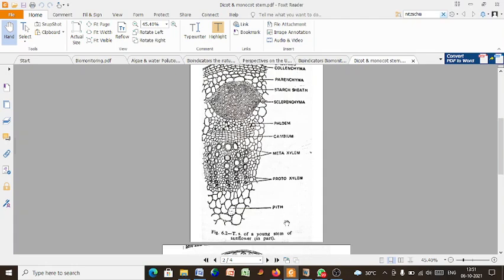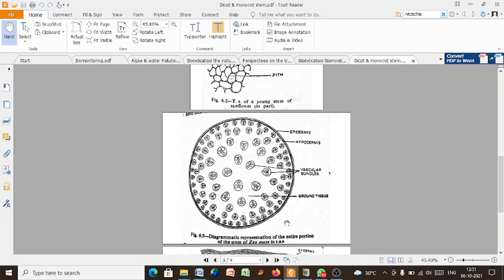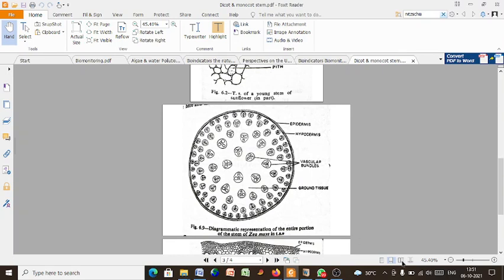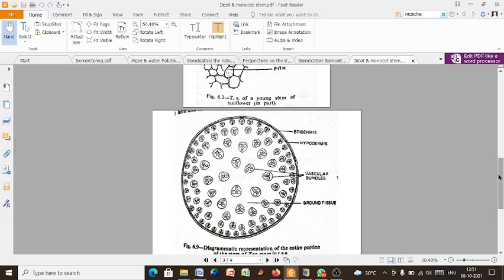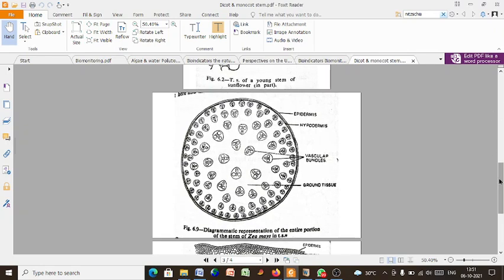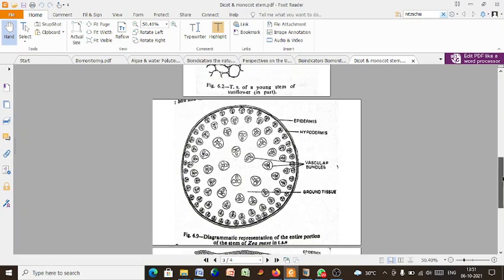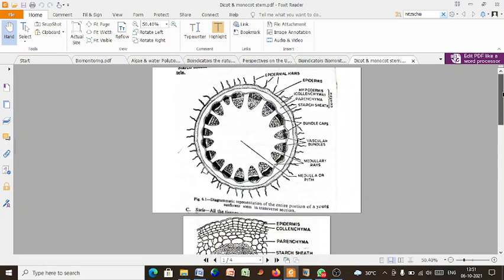And if we consider the diagrammatic view of a monocotyledonous plant like Zea, it shows the cortex, or the extrastelar region, is absent in the monocot, while it is completely present in the dicot.